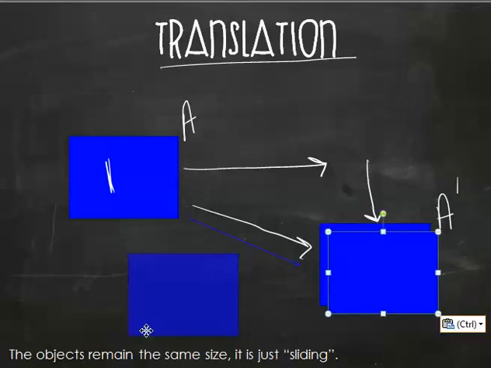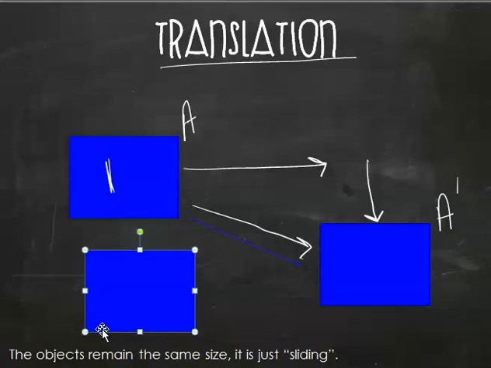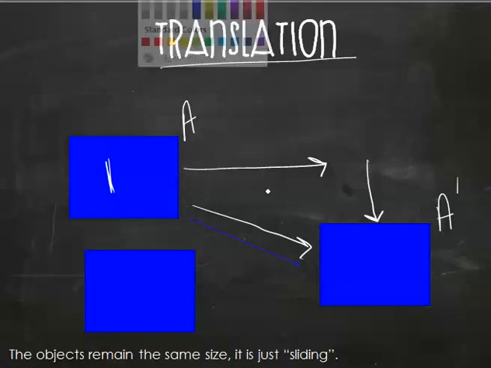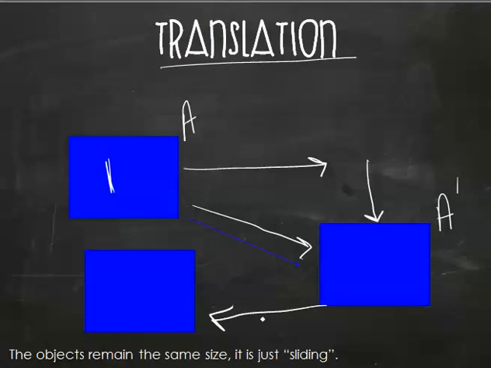If we took this image and moved it this way, that would then be our next image. Then it's this corner, it stays right here. It still stays A, but now it's a double prime. So this is the second image, and then this is the third image. Do you see how all that sliding can all take place?